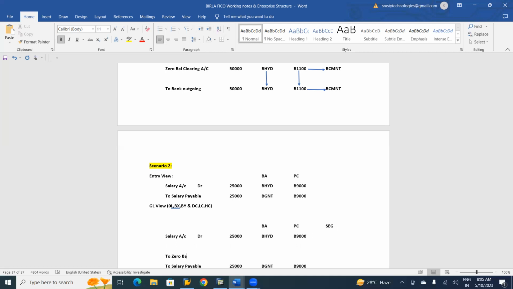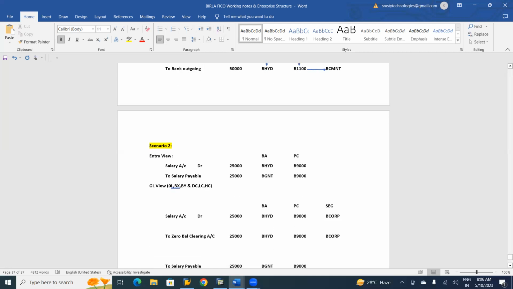Zero balance clearing account, 25,000, BHYD. So here debit is adjusting with the credit at business area level, BHYD, and profit center will not be changed. It will be the same. And here, for example, segment is corporate segment. Next, how will it do?